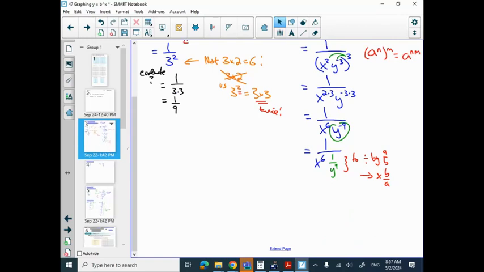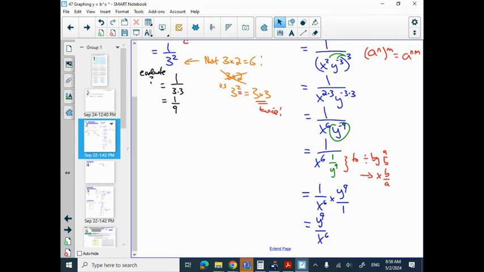We can say, okay, well, this is then 1 over x to the 6 times y to the 9 over 1. We've inverted and multiplied. And so we end up with y to the 9 over x to the 6, which is a little bit of a weird process for sure.